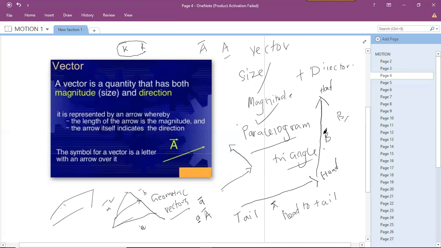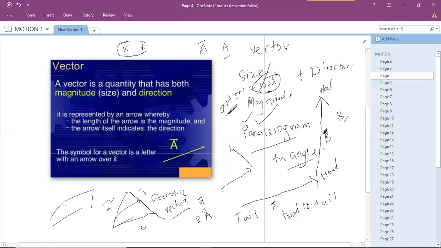Addition of vectors, we use the parallelogram rule. You don't just say 5 newtons plus 5 newtons giving you 10 newtons. No, you don't do that with vectors. You have to follow the parallelogram rule of vectors, meaning you have to know the given direction of the given vector.